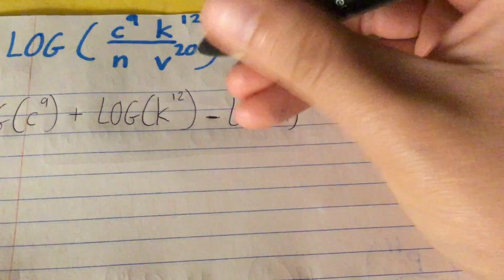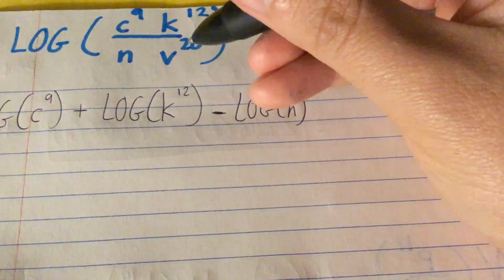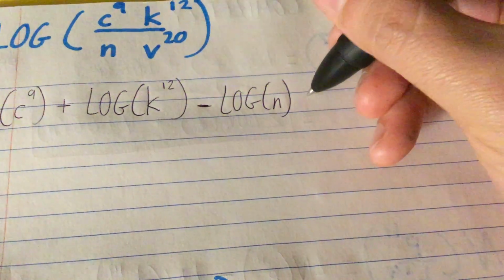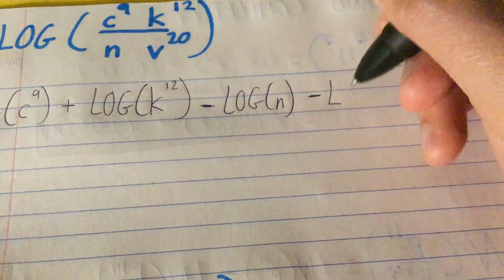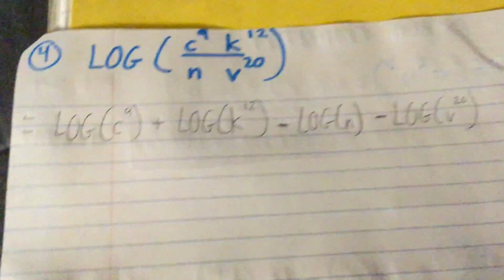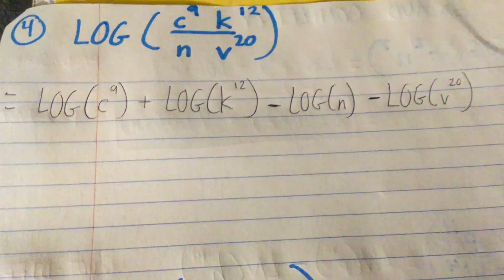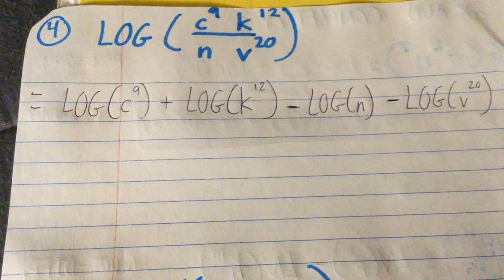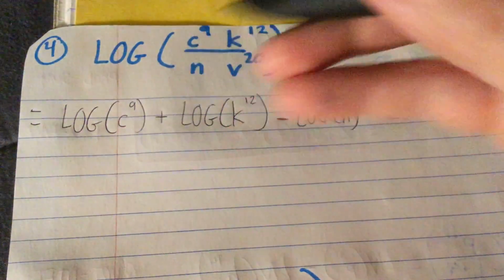There is no exponent, so I'm happy. And v to the 20th is also on the bottom, so I can make this minus log of v to the 20th. Okay. So far, so good. All right, now to fully expand it, all the exponents need to fly to the front as factors.